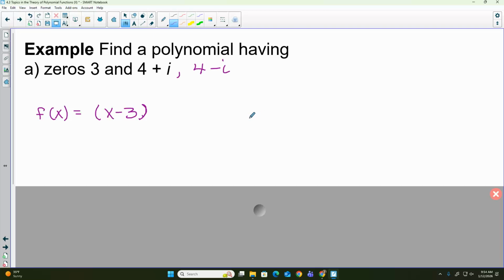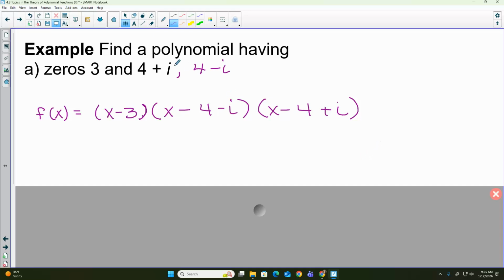So I add that to my list. So my factored form will actually have 3 parentheses. Okay, in the factored form, it's always x minus these things. So it'll be x minus 3, x minus 4 minus i, and x minus 4 plus i. Does the order of the parentheses matter?